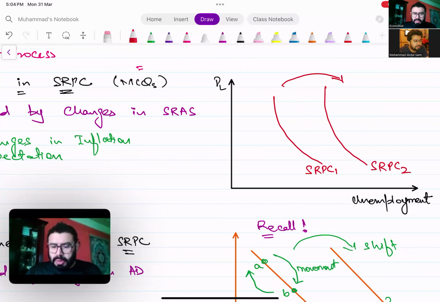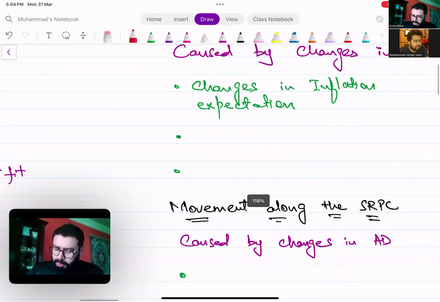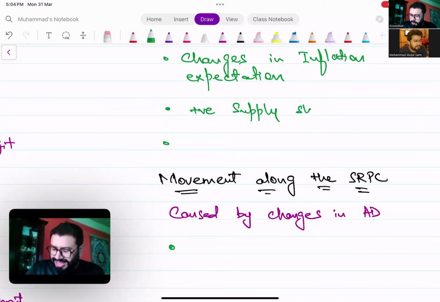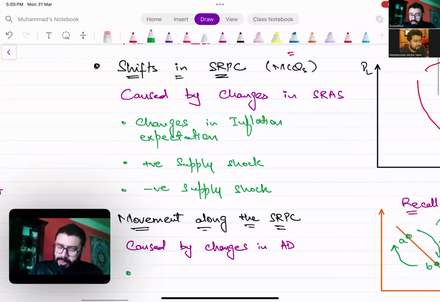Other reasons could be a positive supply shock, but this is not much required in the theory that we are discussing right now, and a negative supply shock as well. So these are the reasons for the SRPC shift.